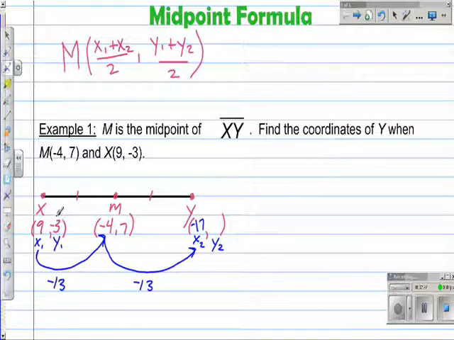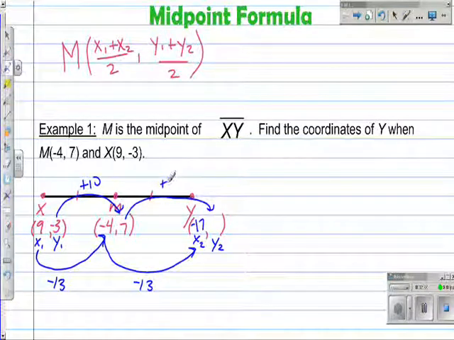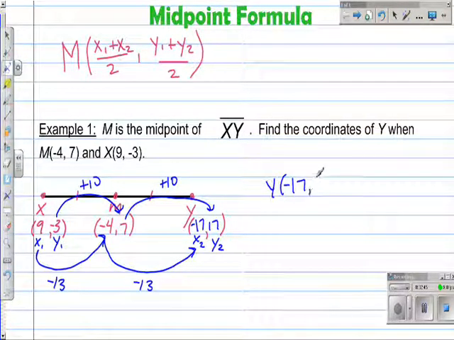We do the same thing with the y's. From negative 3 to 7, we added 10. So from 7 to the y2, the y of our Y value, we're going to add 10. 7 plus 10 is 17. So your Y coordinate is negative 17, comma, 17. And that would be your answer.